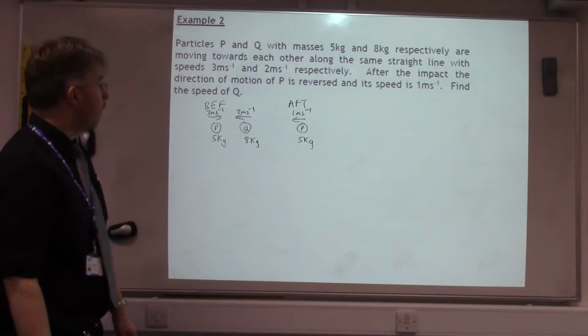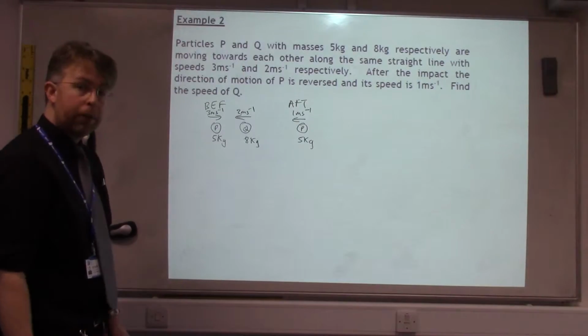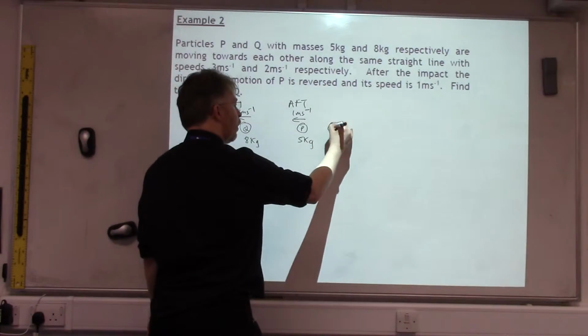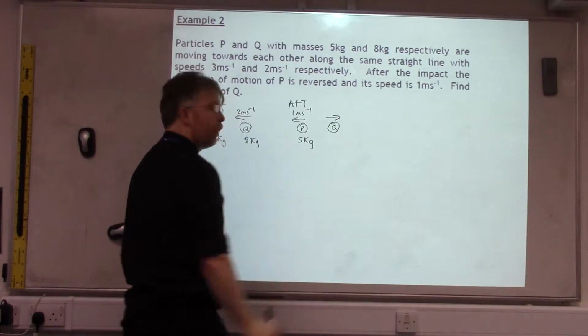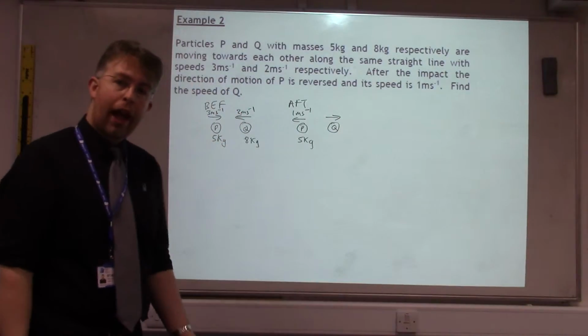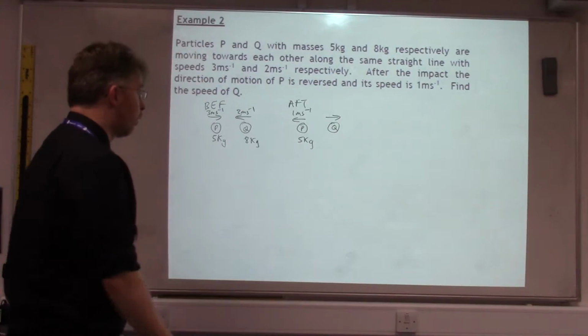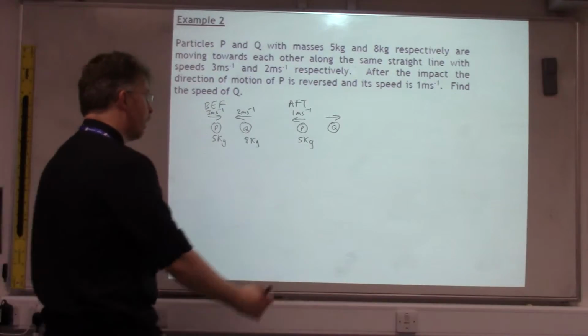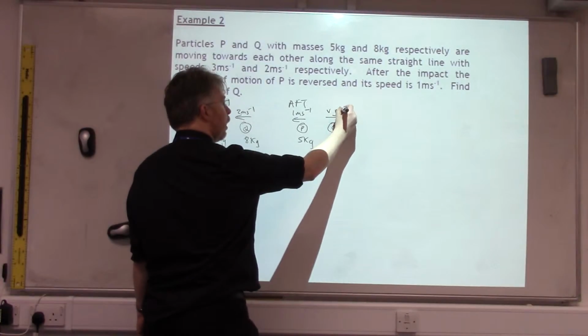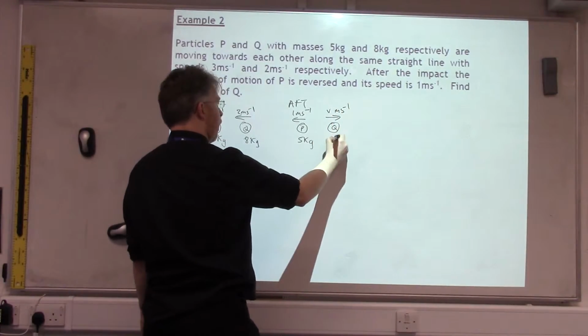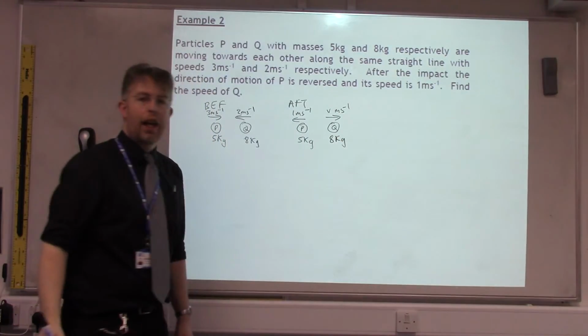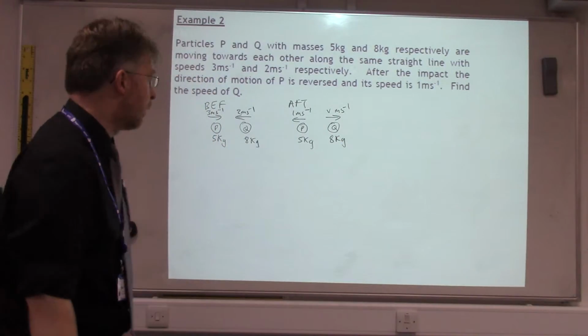It still has a mass of 5 kilograms, and we're to find the speed of Q. Now it didn't say which direction Q is going in. We can just choose a direction, and then if we get a negative answer, we chose the wrong direction. So as long as we're consistent with the equations, it won't matter, we can just interpret the answer. And Q still has a mass of 8 kilograms.